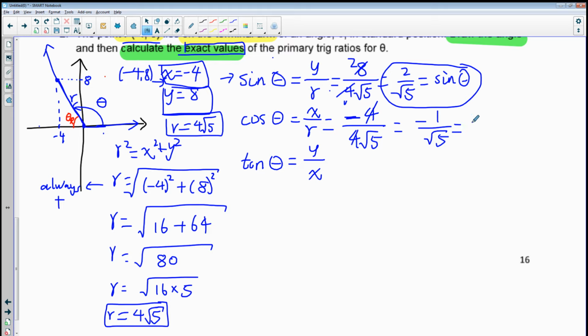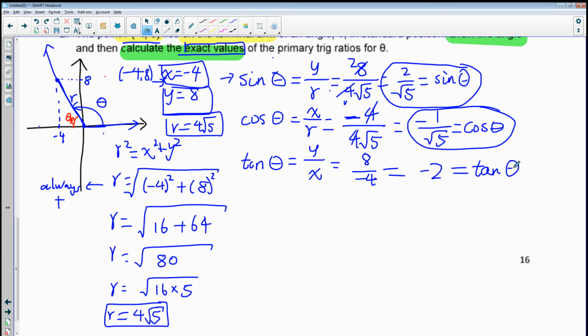That's the cosine of our angle. And finally, y is 8, x is negative 4. 8 over negative 4 simplifies to negative 2. That's the tangent of our angle.